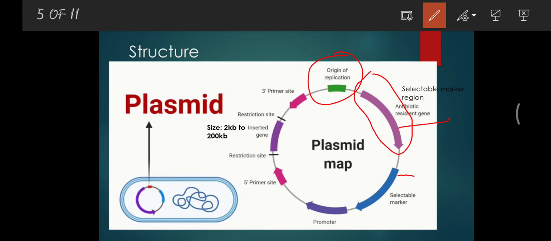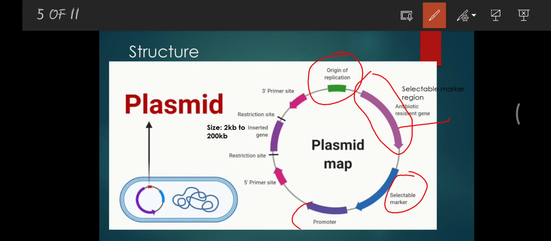Some specific selectable markers are present inside the plasmids. For example, a lactose metabolizing gene is present inside the plasmid. So it is occupied in the selectable marker region.